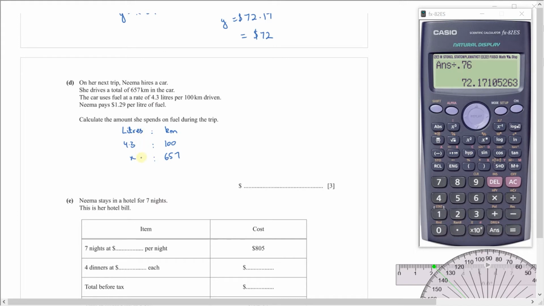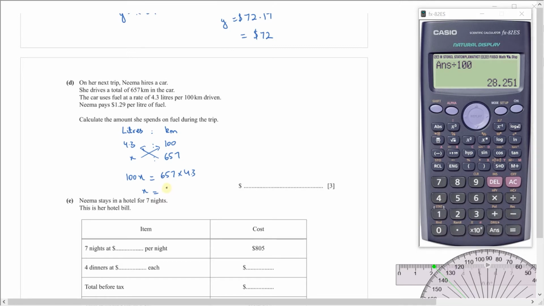So let's call it X, and this will again be cross multiplied like this because more kilometers will mean more liters of fuel consumed. So 100x equals to 657 into 4.3. So X will be this divided by 100. So 657 into 4.3 and then divided by 100.